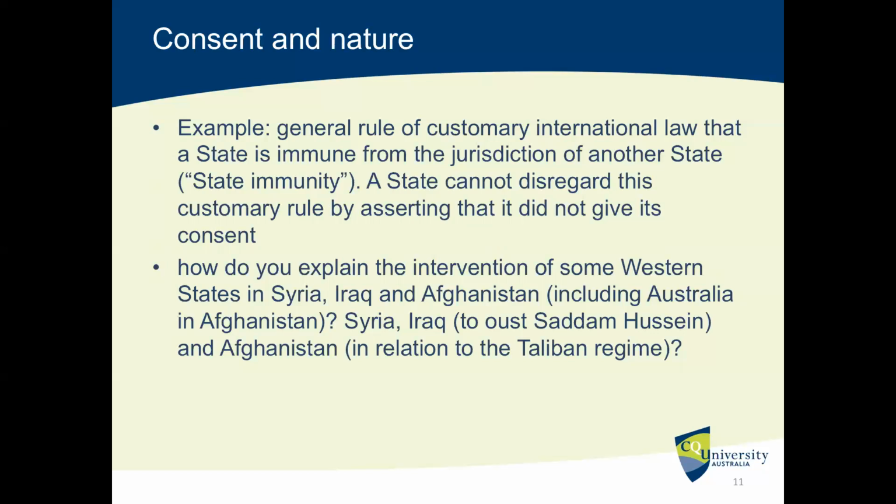And in fact, under Article 53, it is not even permissible for a state to enter into a treaty that derogates from a peremptory norm of international law, which gives us some sense of the nature of international law.